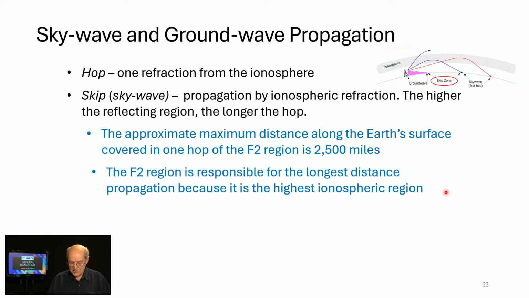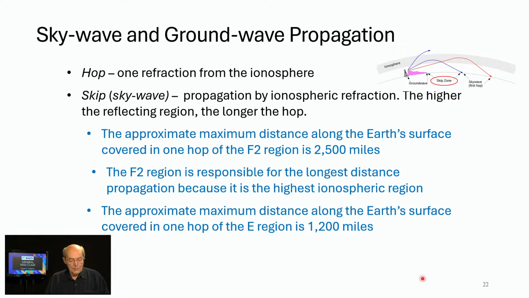Now what about the E region? That's lower, and it's going to go about half the distance for a single hop. The approximate maximum distance along the Earth's surface covered by one hop of the E region is 1,200. So we've got 1,200 for E, about 2,500 for the F2.